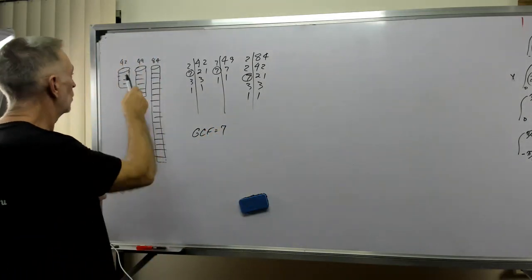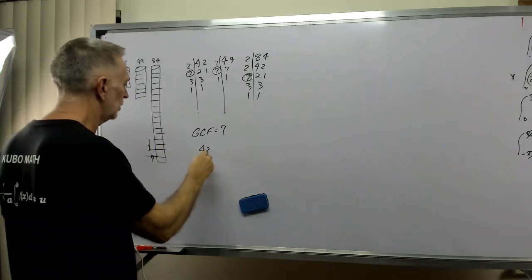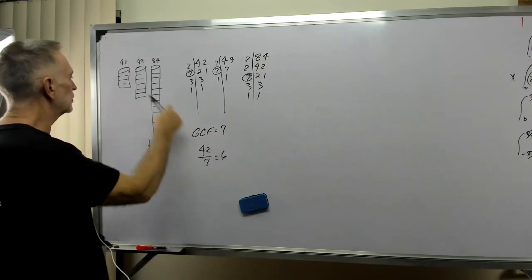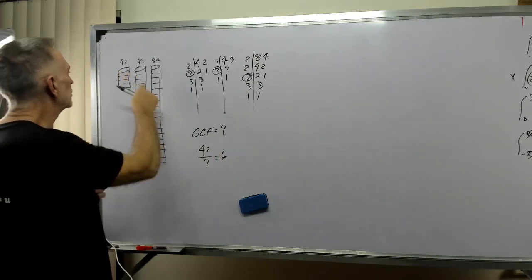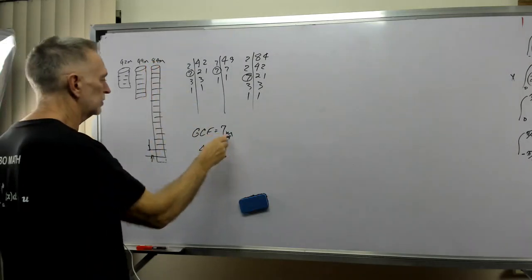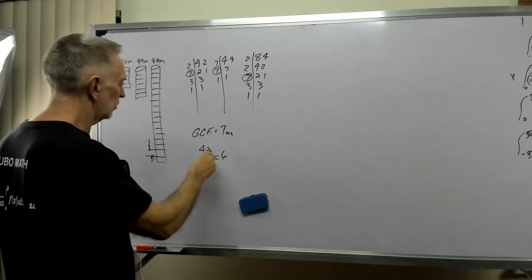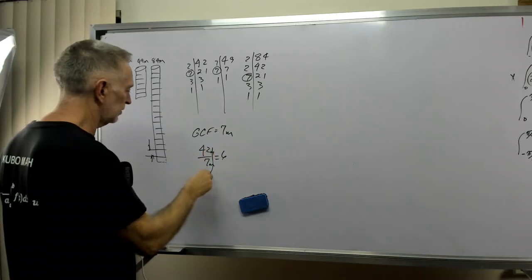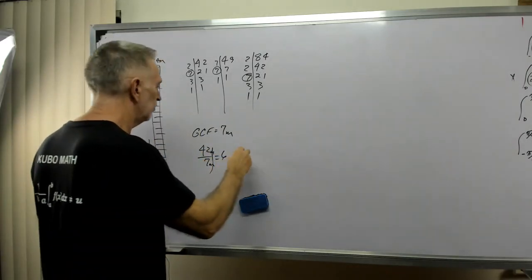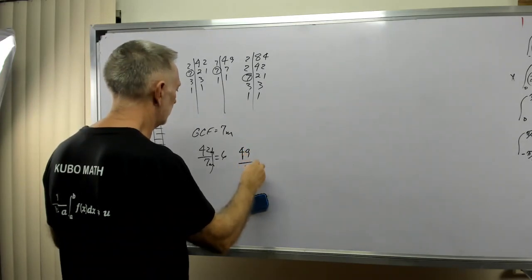So my greatest common factor is a 7. What does that mean? 42 divided by 7 would give me 6. I could get 6 of the 7 meter rods, since this was in meters. 42 meters divided by 7 meters, and meters cancel. I get 6 units out of that. 49 divided by 7 equals 7.